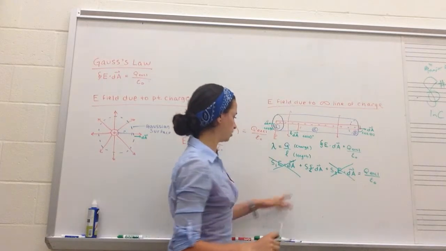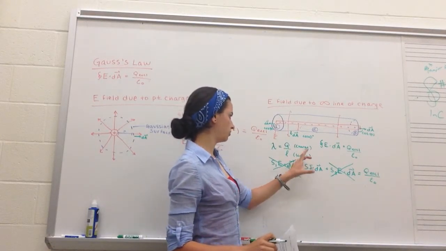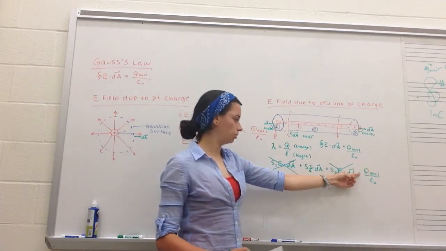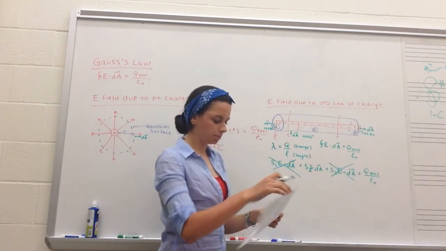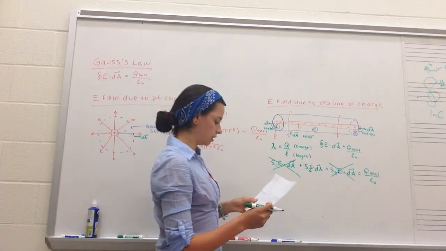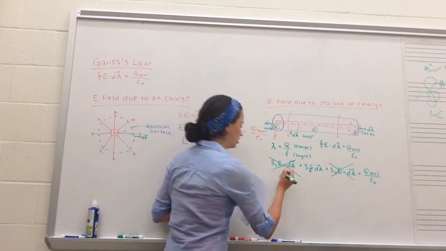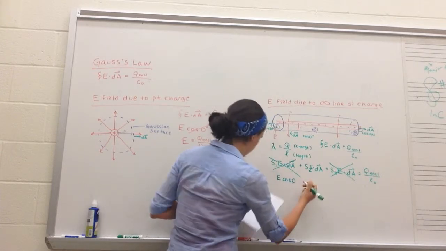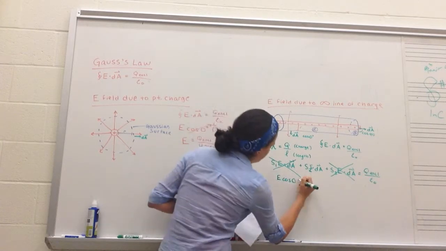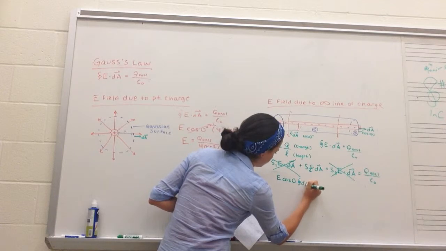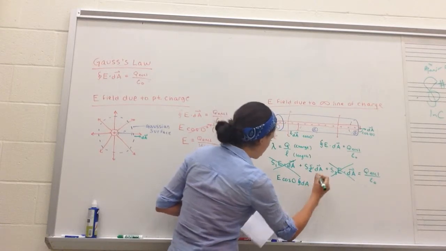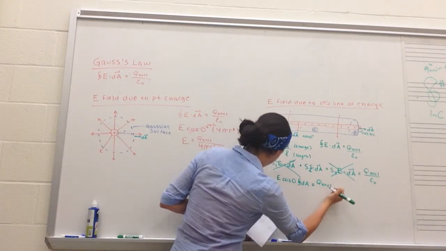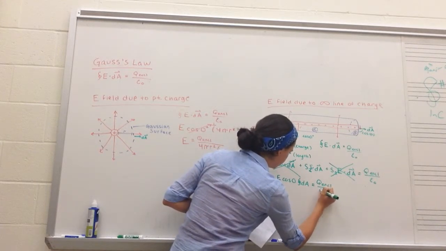So now we just have the surface 2 term: E times dA equals the total enclosed charge over epsilon naught. Here we have E times cosine of 0, which just equals 1, times the closed integral of dA, equals the total enclosed charge over epsilon naught.